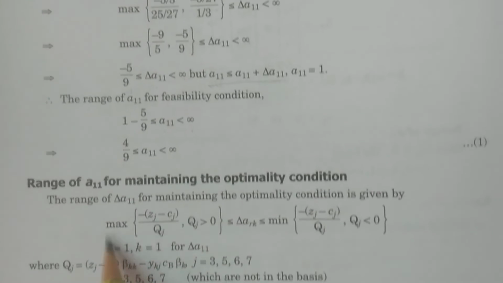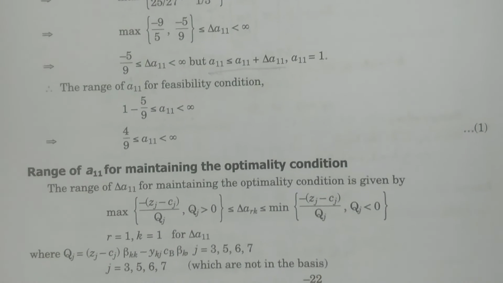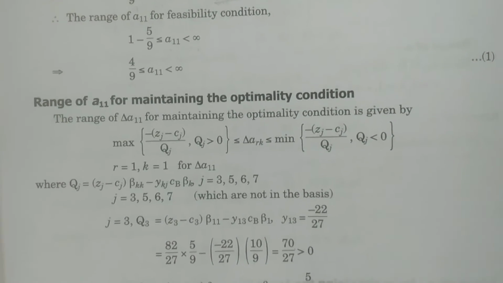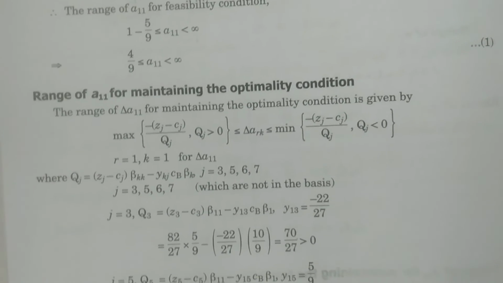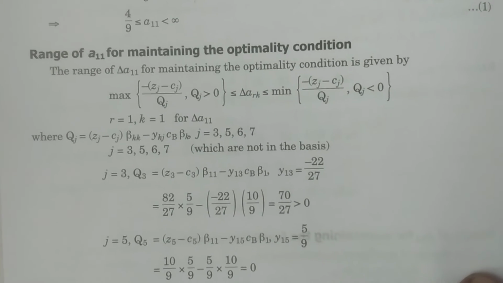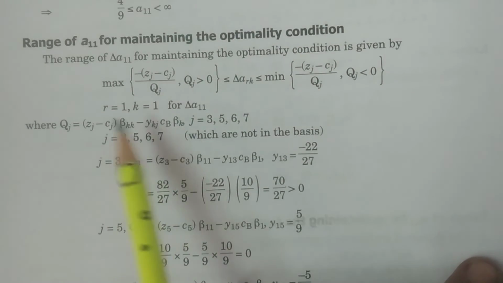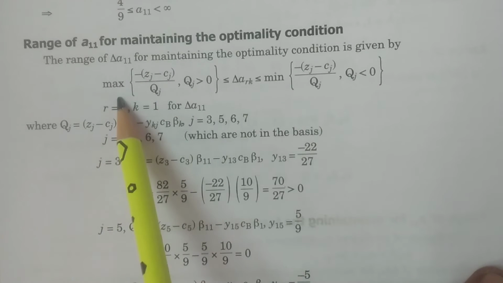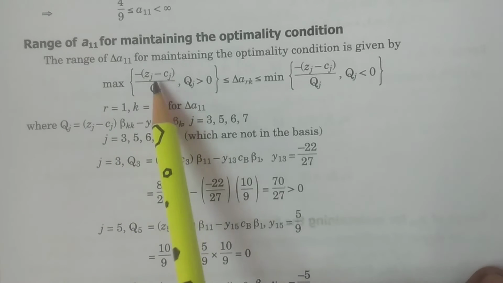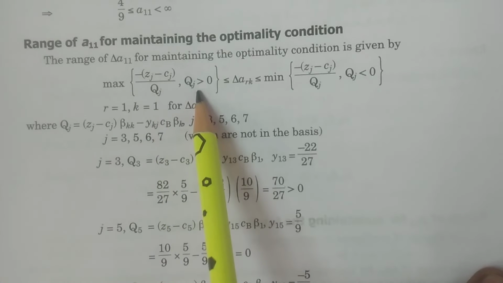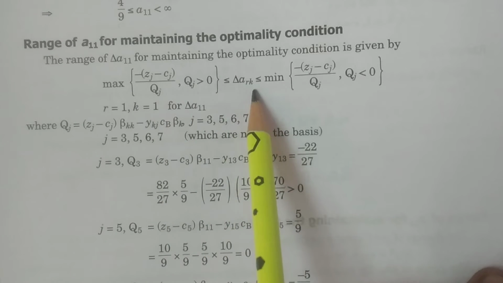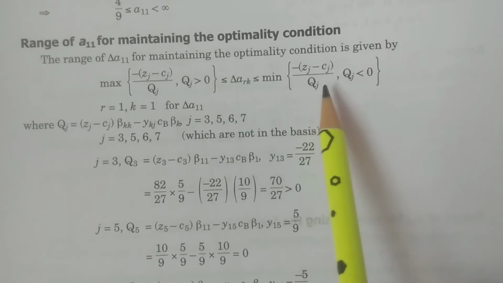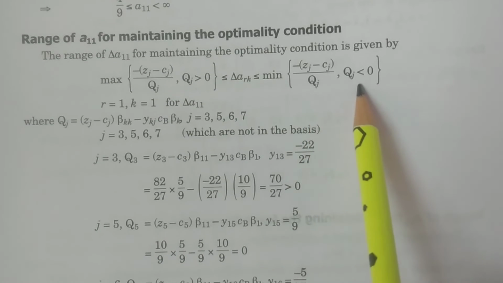Now the range of A11 for maintaining the optimality condition, that is, the optimum solution. It is obtained using the formula for the range of delta A1k: the maximum of minus (zj minus cj) by qj, where qj is greater than 0, is less than or equal to delta A1k, which is less than or equal to the minimum of minus (zj minus cj) by qj, where qj is less than 0.